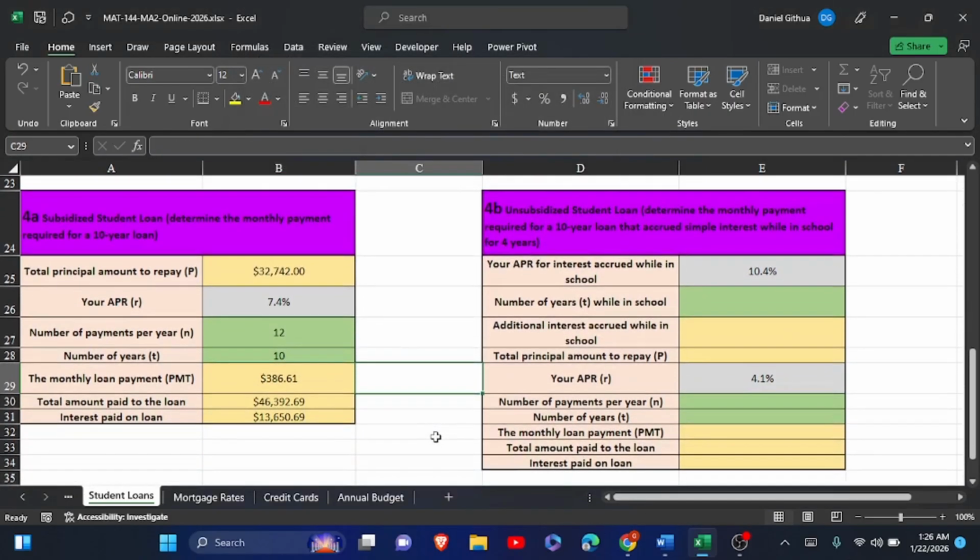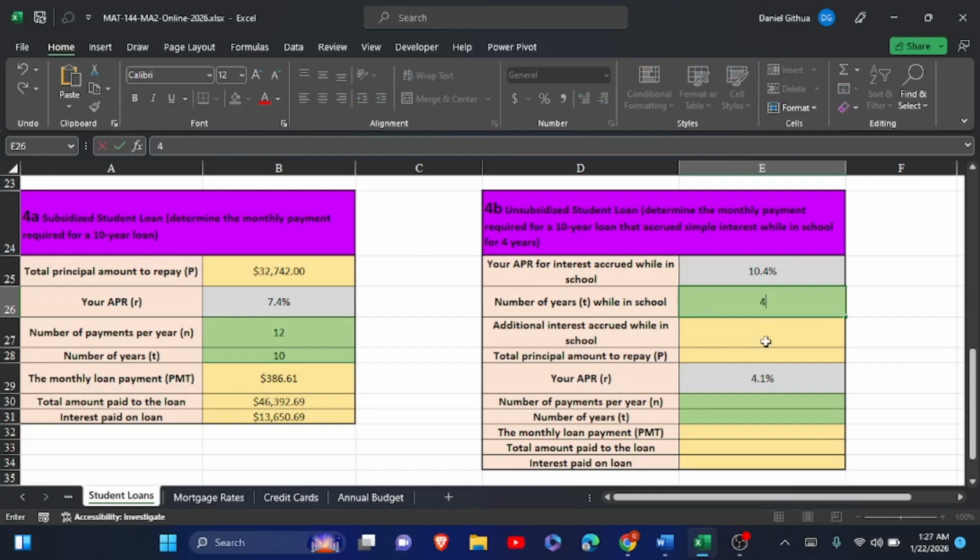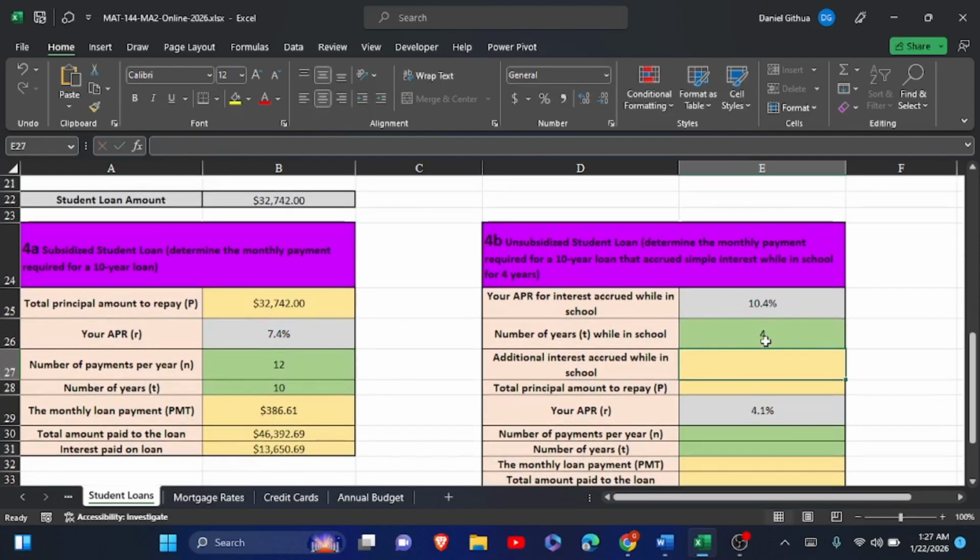The next part is to find the number of years we were in school. The number of years in school we are given as 4. So additional interest occurred when we are in school.